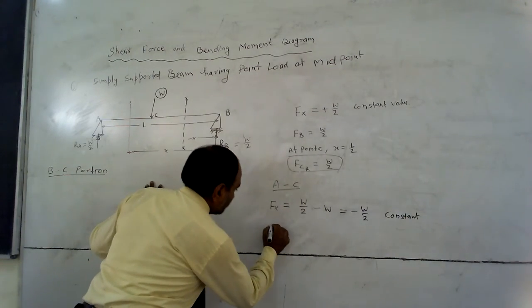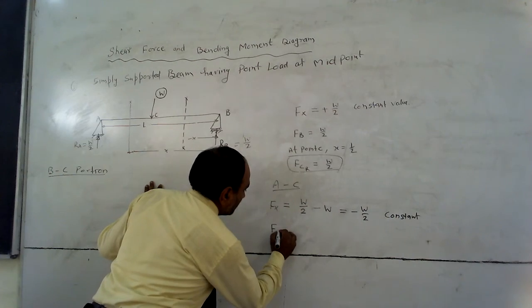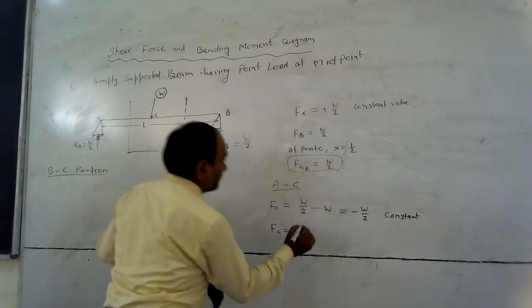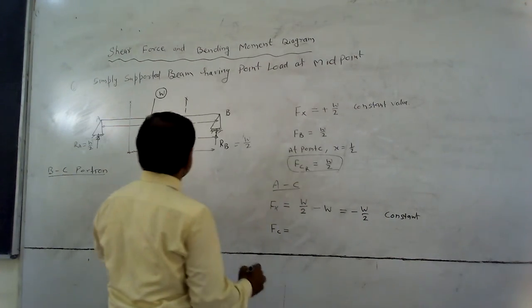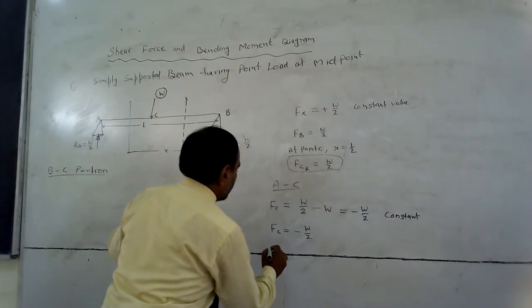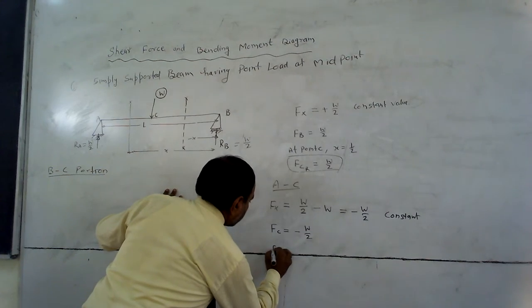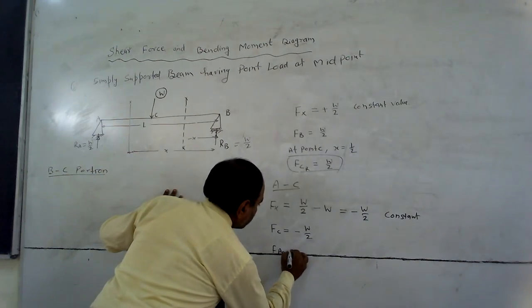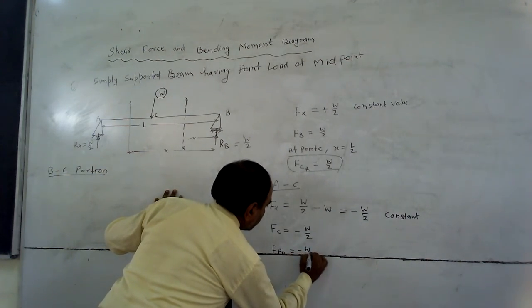It means Fc equal to minus W by 2, and Fa equal to minus W by 2.